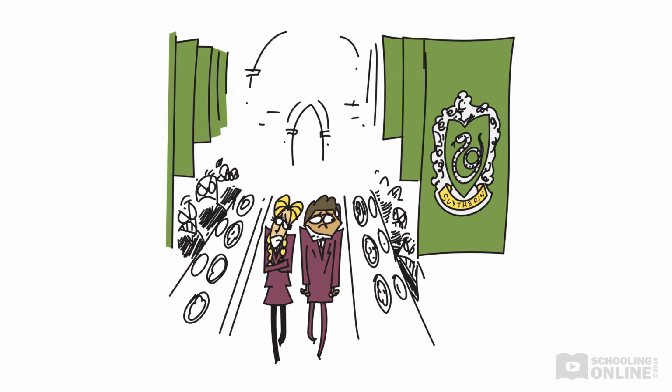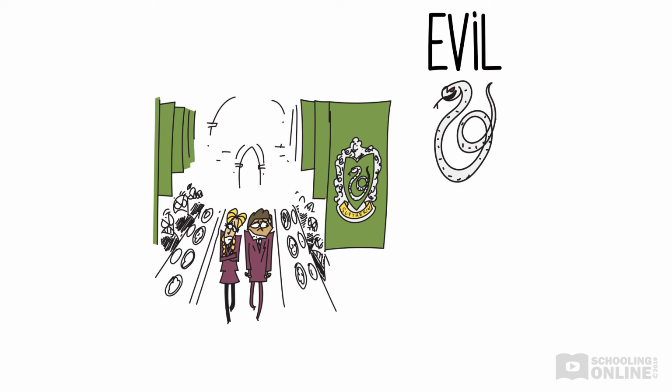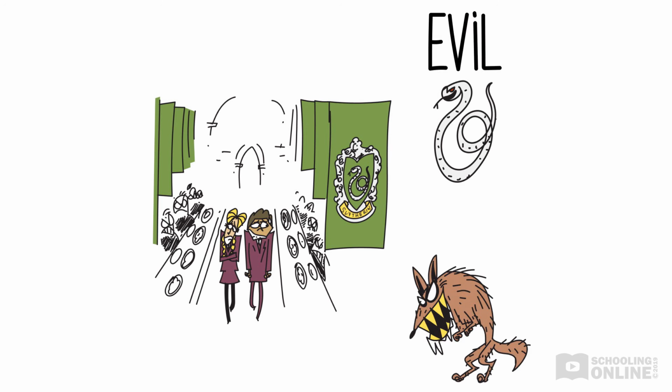Here are some easy examples. In Harry Potter, we immediately get the feeling that the people in Slytherin are not going to be very nice. Why? Well, there's a snake in its badge, a well-known symbol of evil and cunning. Or what about the wolf in Little Red Riding Hood?